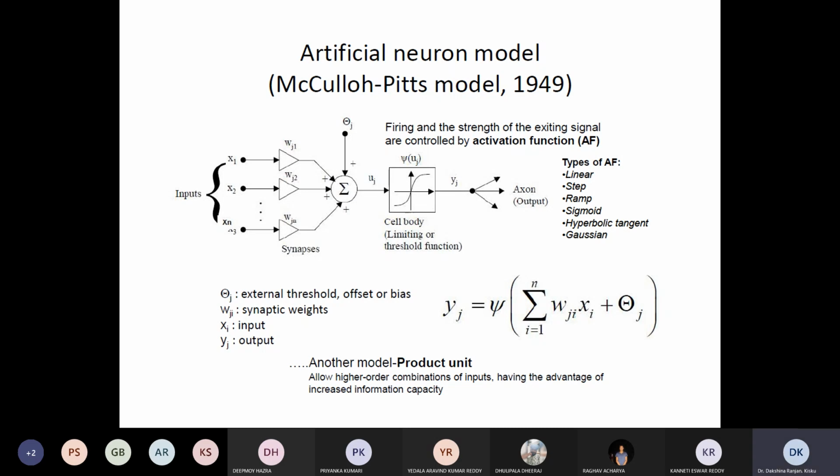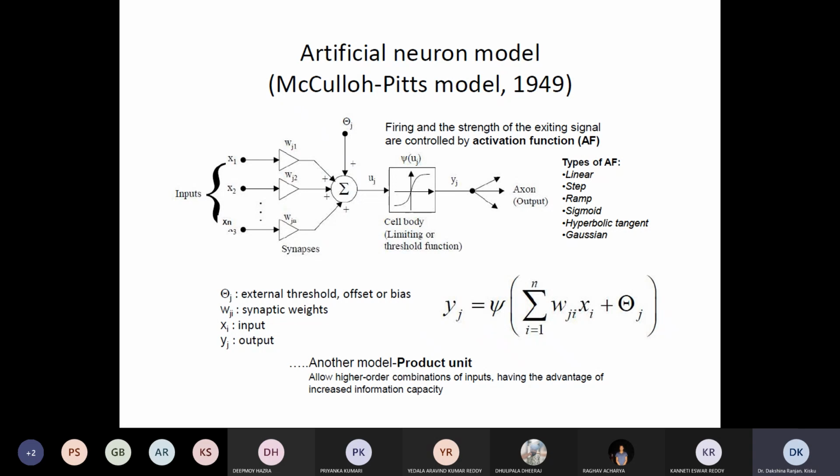you can see that there are inputs, components comparable to synapses, and an aggregation unit, or we can say the summation unit. Another unit is comparable to the cell body or soma; basically this unit is responsible for limiting or thresholding the function.